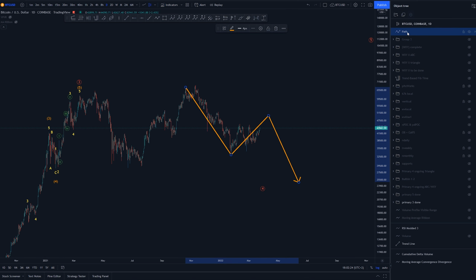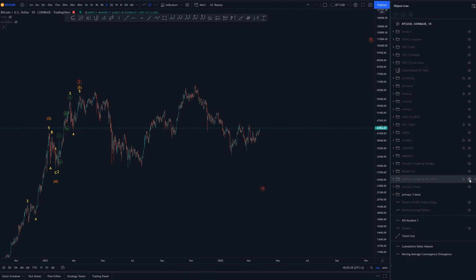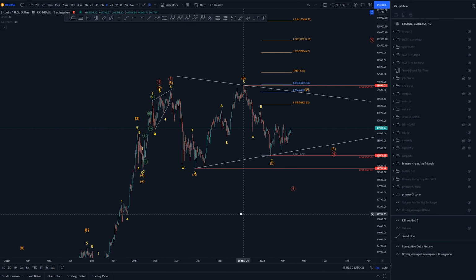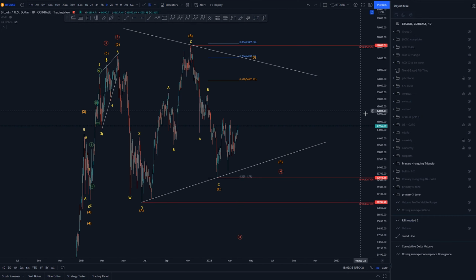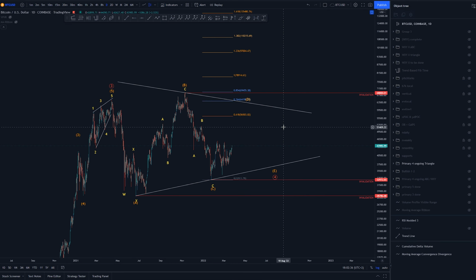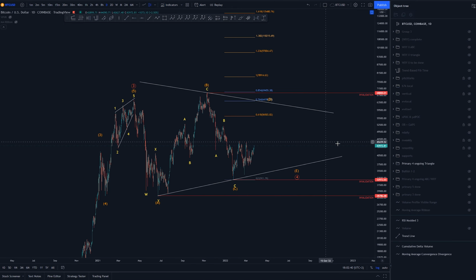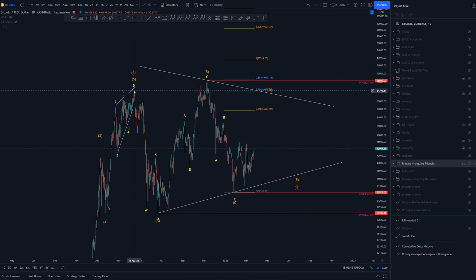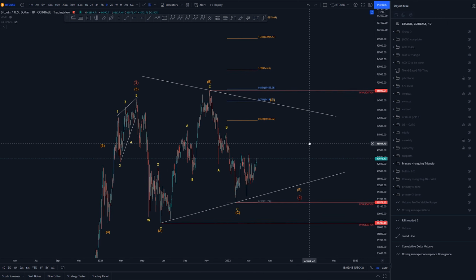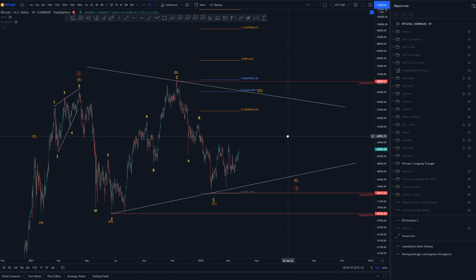Now let me put this back into, say, here, and then another option here. Let's close that one. It is this one here. So this one is the triangle, big triangle, A, B, C, D, E, and these all should be, or basically all should be zigzags.